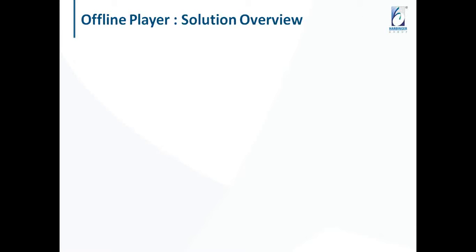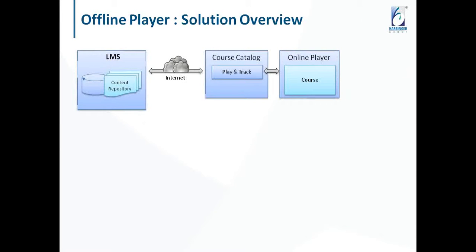Now let us have a look at the solution overview of offline player. So now here you can see there's an LMS which is accessed through internet. The course catalog and online player are there through which you are accessing the courses.